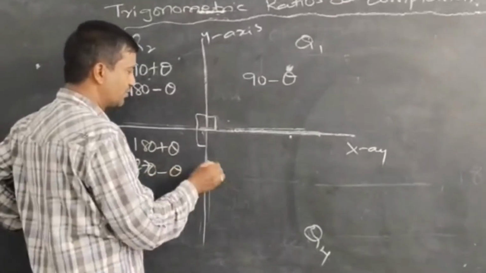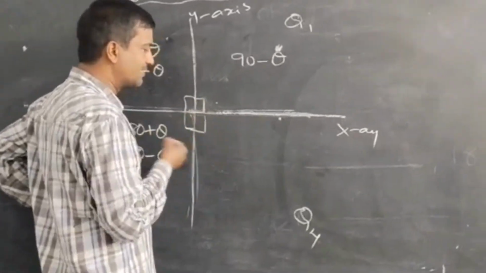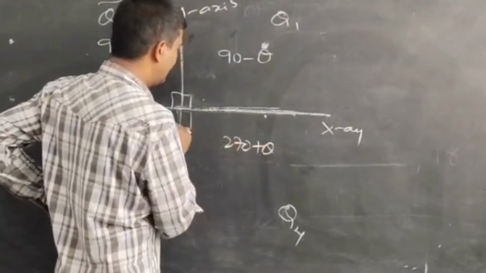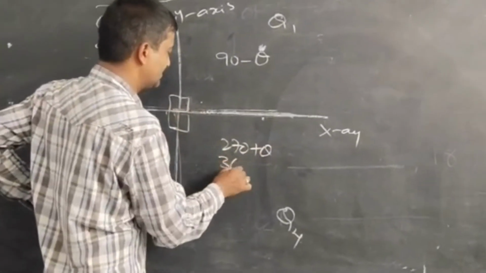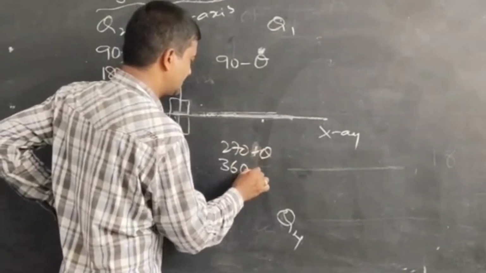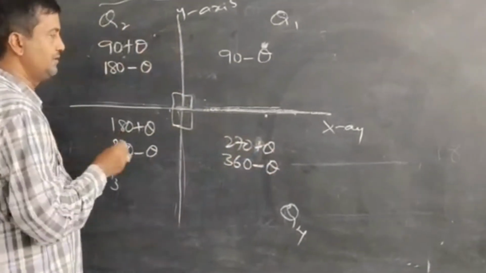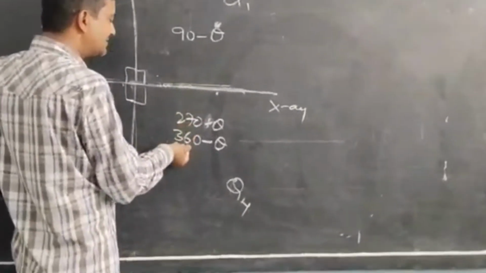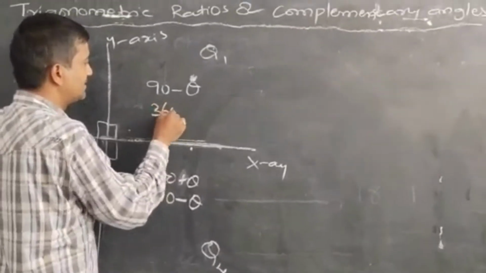In the fourth quadrant, it will be 270 plus theta, up to 360; 4 nines are 36, so 360 minus theta. If you come to here, this will become 360 plus theta.